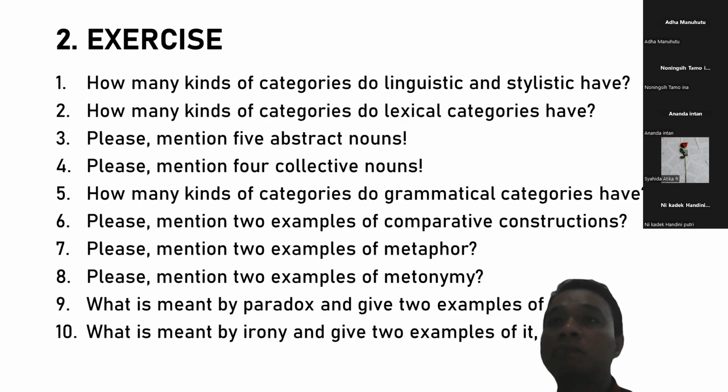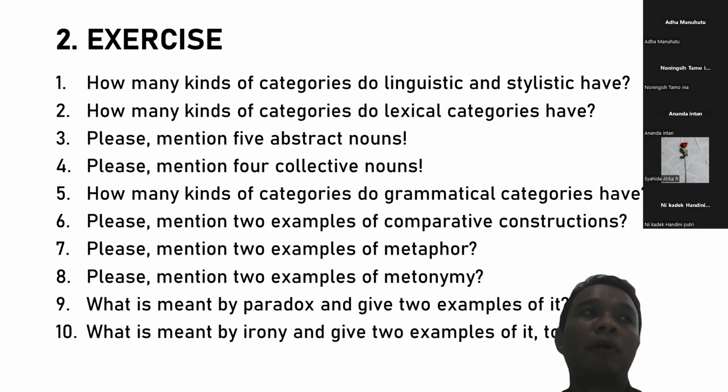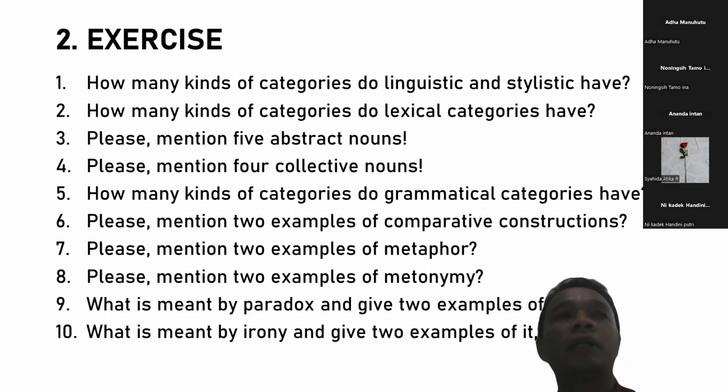Okay, is it enough? Intan or Indri, do you have any question, or are you still in doubt? Don't hesitate to ask questions related to the topic, or are you still confused about the topic today?